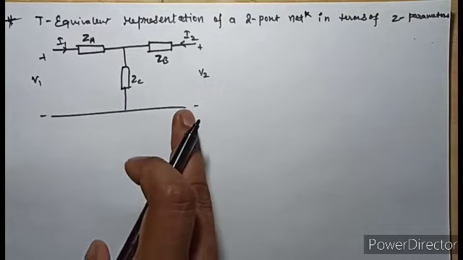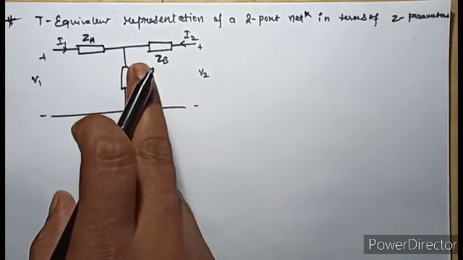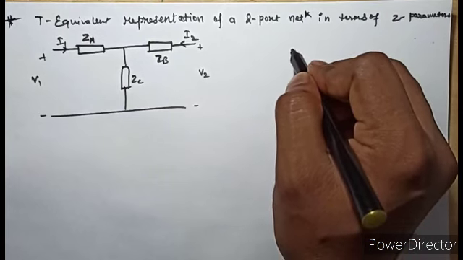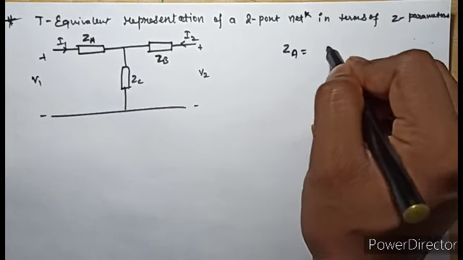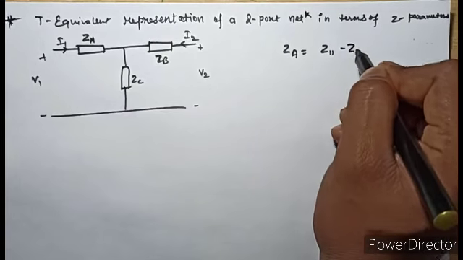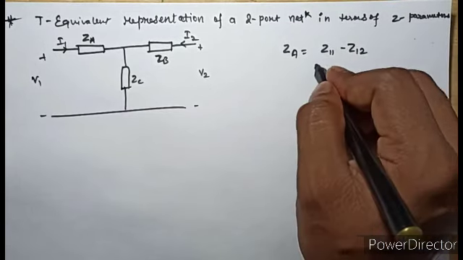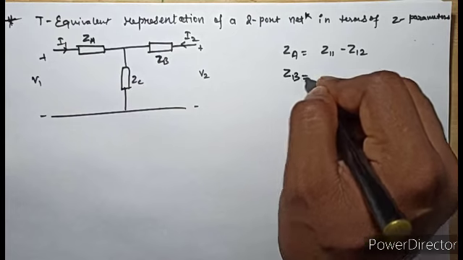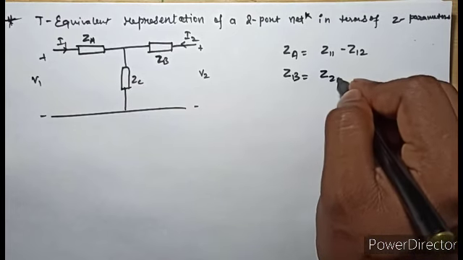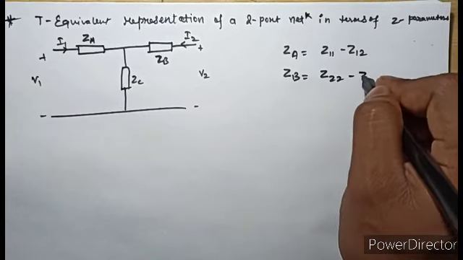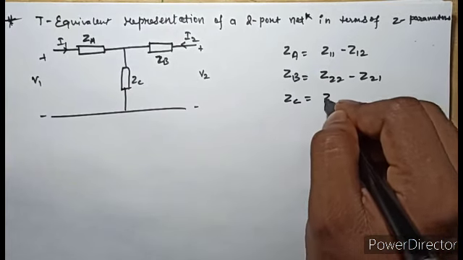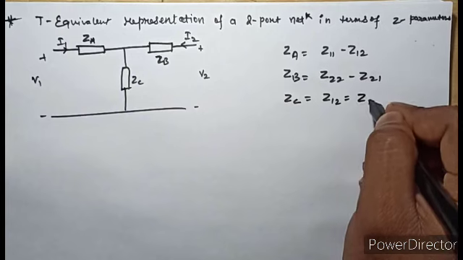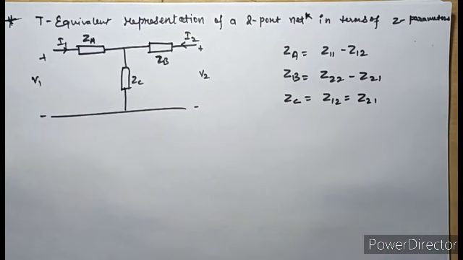So the Z parameters for this network will be ZA equal to Z11 minus Z12, ZB equal to Z22 minus Z21, and ZC is equal to Z12 and Z21.